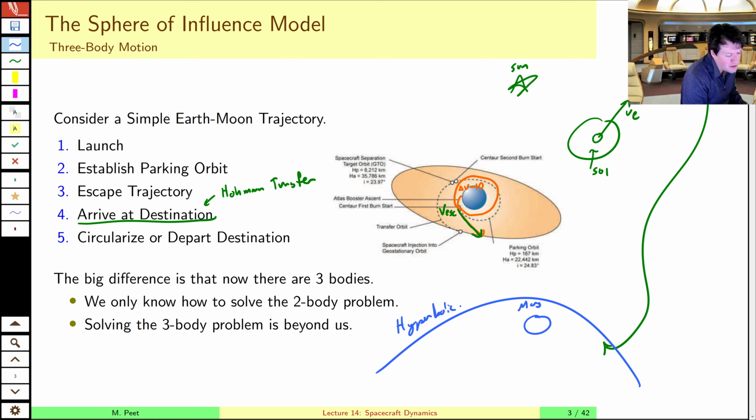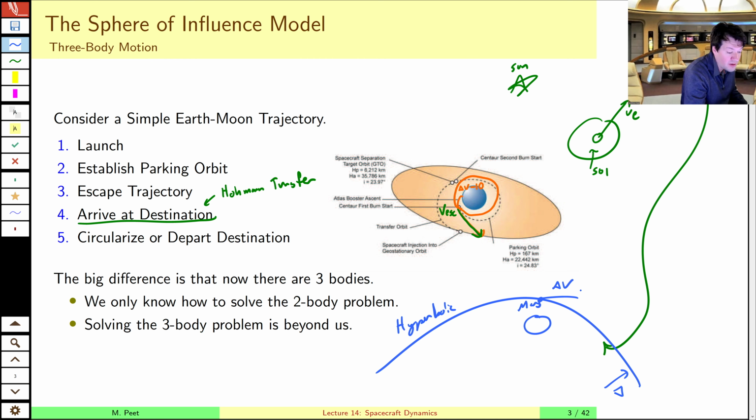We want to get the parameters of that hyperbolic orbit just right, so that we end up close to Mars here at periapsis, and so we need something called a targeting radius. And then when we get to Mars, there's a couple things we can do. We can have a capture maneuver.